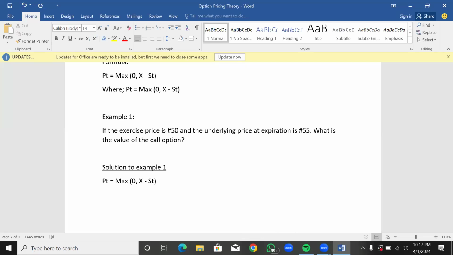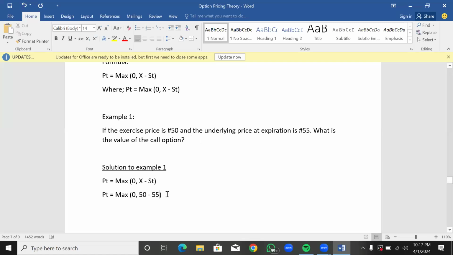Looking at this question, my PT equals max of 0, comma, what's my exercise price in this question? 50, minus what? 55.